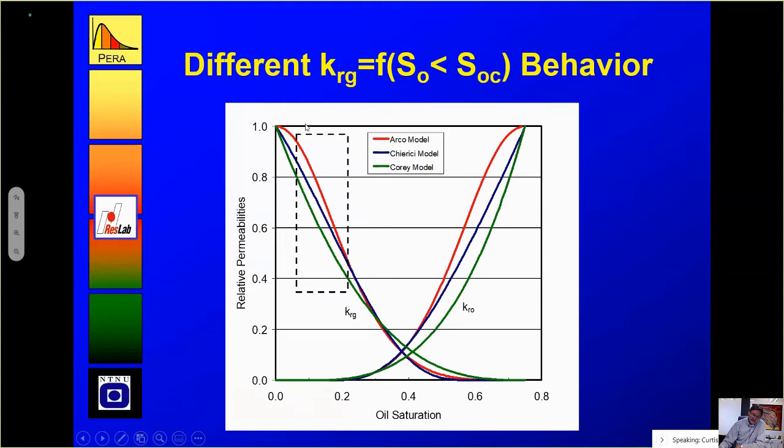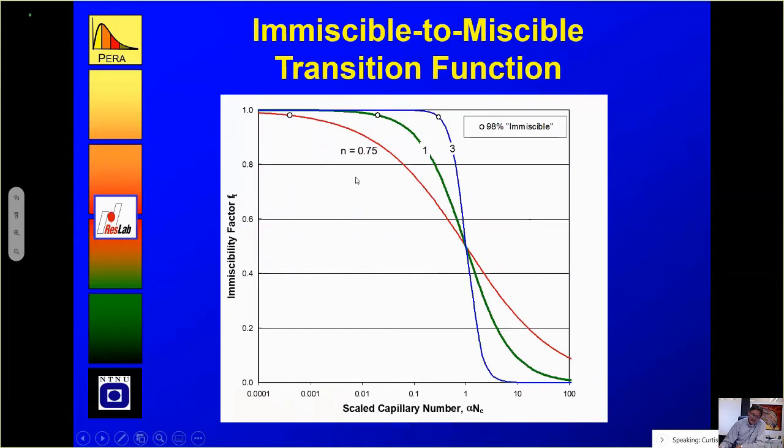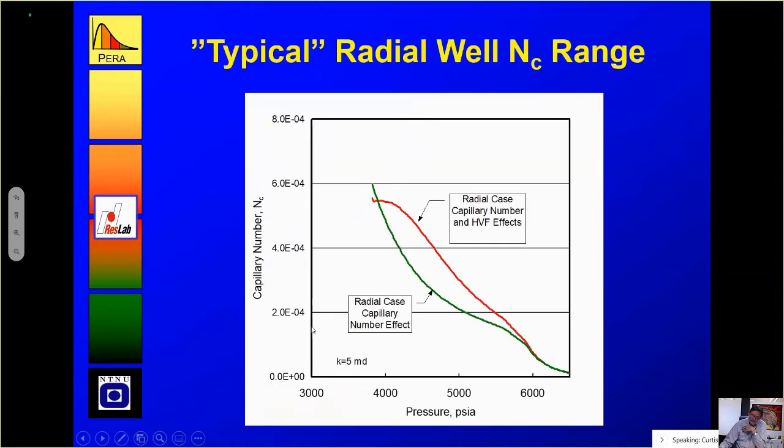Okay, this is region 2 behavior. This was the immiscible to miscible transition function. These are typical capillary numbers for radial well.